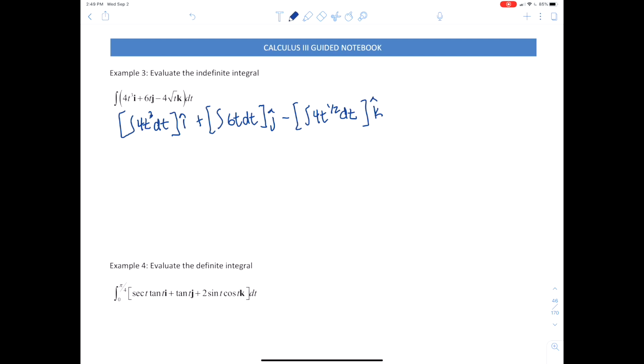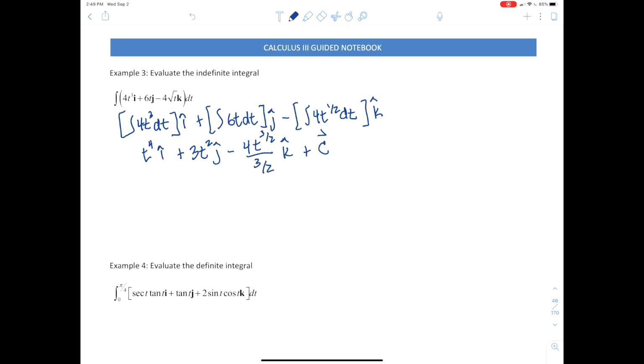I believe just t to the 4th times i, and then plus 6t squared over 2, which is 3t squared, times j, and then minus 4 times t to the 3/2 over 3/2 times k, plus our vector constant of integration.